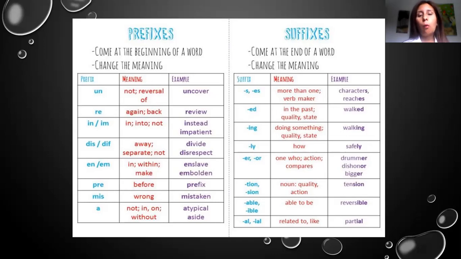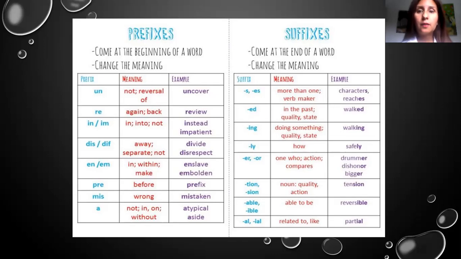Er or, sorry, one who or the person who makes an action, it is compared, a drummer, dishonor or vigor. Shun and some, there it is a noun, naming the quality, then you have able, al and y, relating to partial, and all these kind of suffixes that you can find at the end of the word.